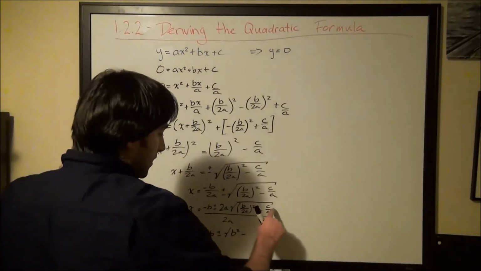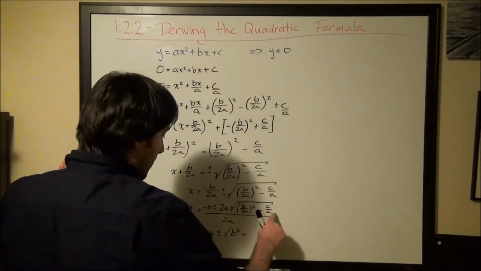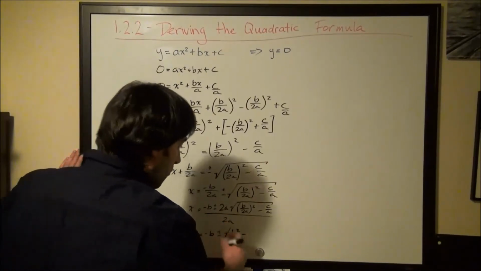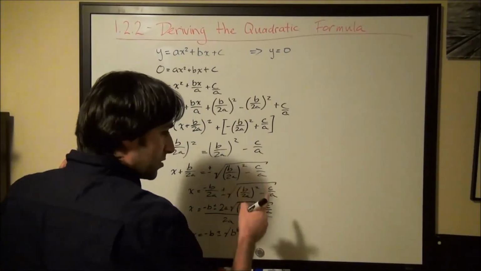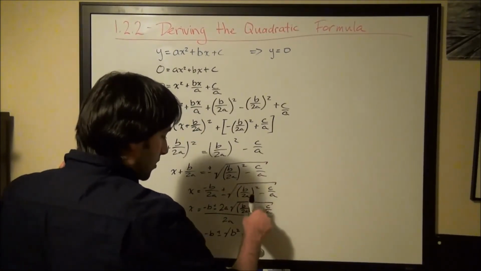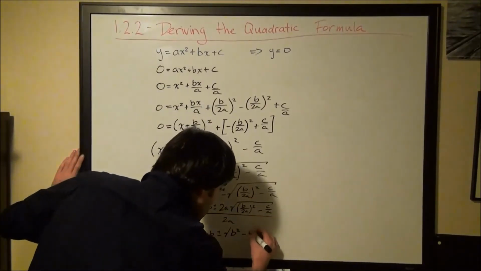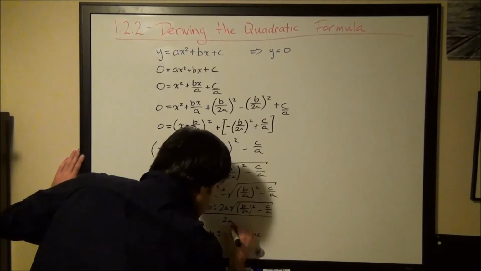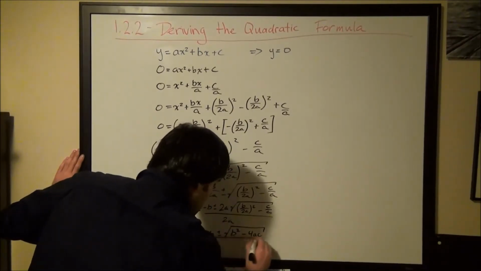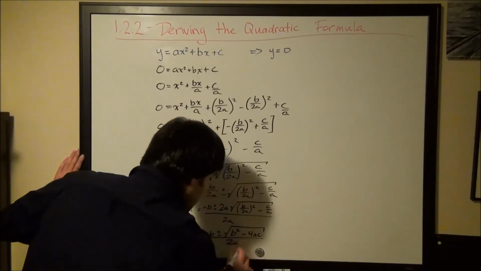And then c over a times 4a squared. Well, a will cancel out in the denominator here, will cancel out one a of the square in the numerator, and we'll just have 4ac. And the entire thing is still divided by 2a.